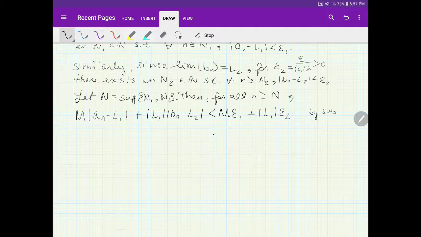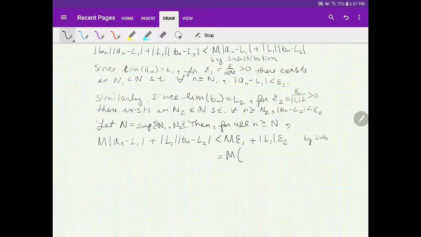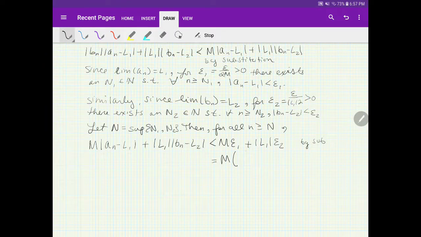So then that equals m times, if we look at our epsilon 1 up here, epsilon divided by 2m, plus the absolute value of L1 times epsilon over 2 times the absolute value of L1. So these guys cancel and these guys cancel. We end up with epsilon over 2 plus epsilon over 2, which equals epsilon.